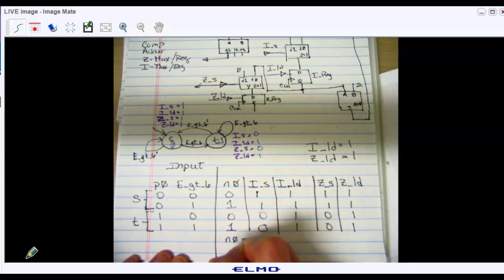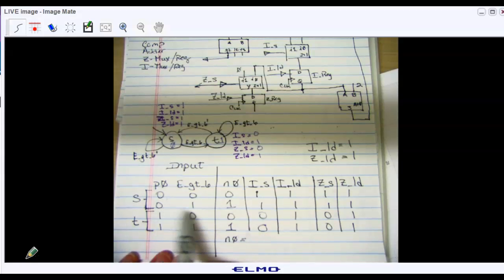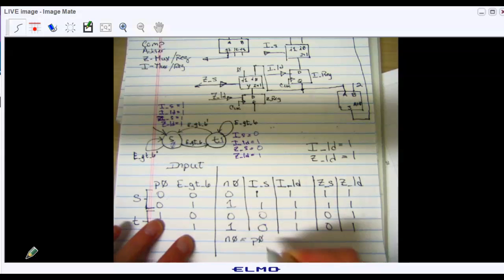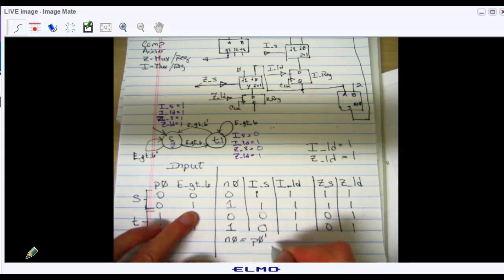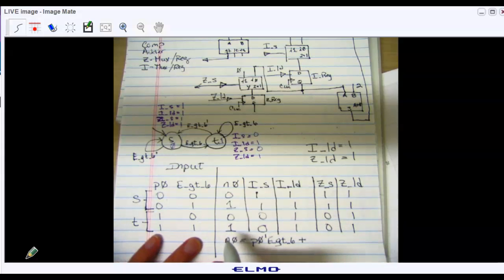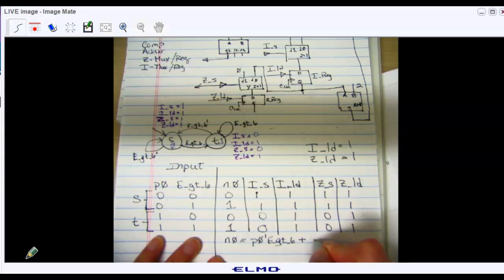So N0 is equal to this one. So this would be complement of P0 ANDed with the E greater than 6, ORed with P0 and E greater than 6.